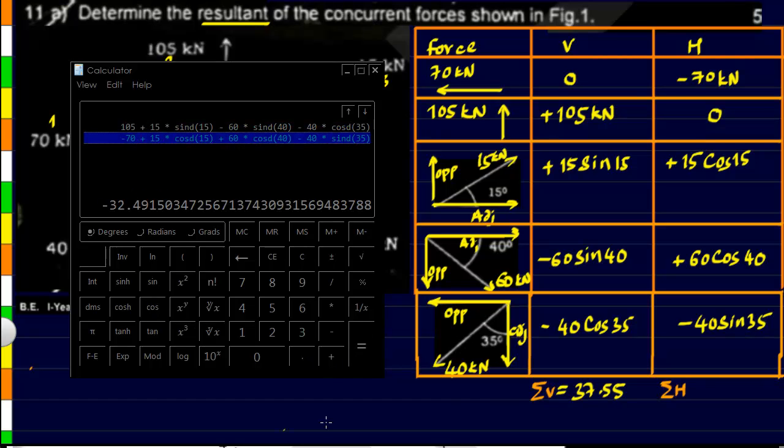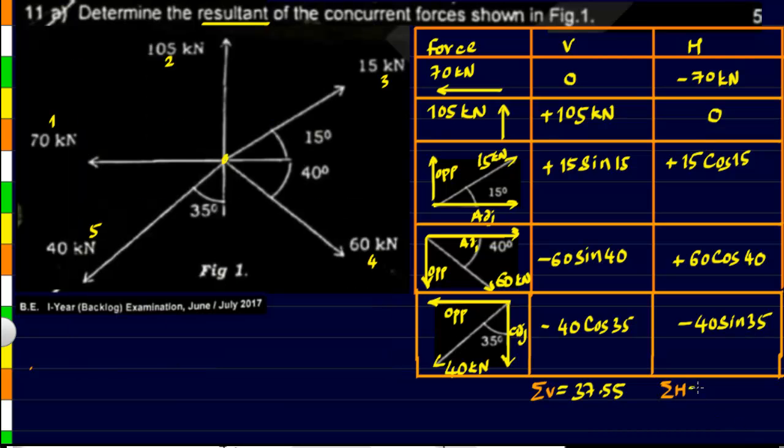So this is the result, negative 32.49. So let's substitute them in the formula for the resultant, that is the square root of sigma v square plus sigma h square. This will give us the magnitude of the resultant.